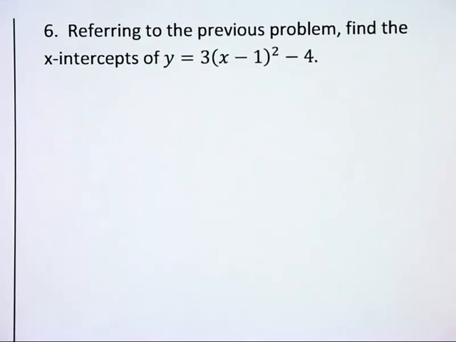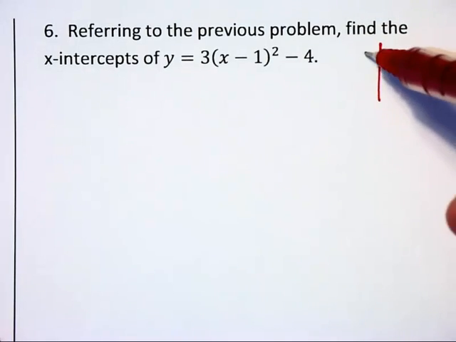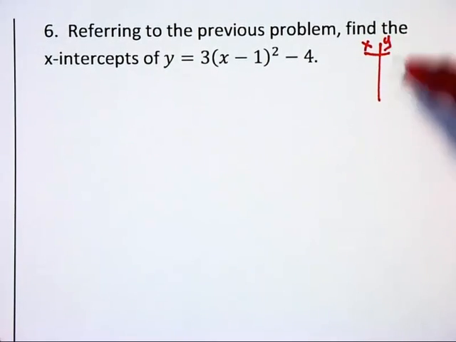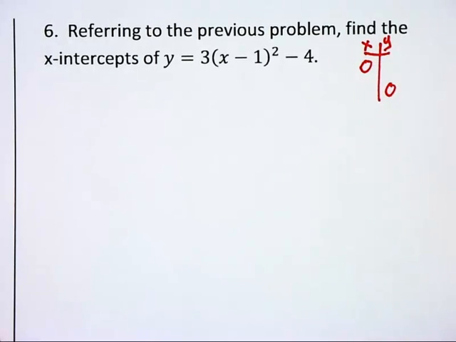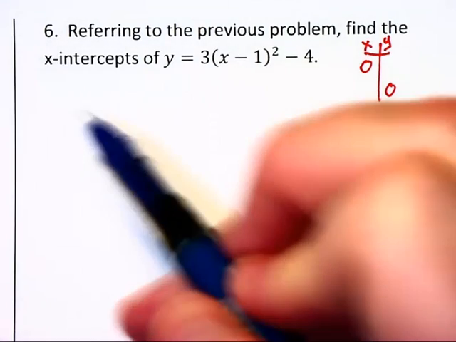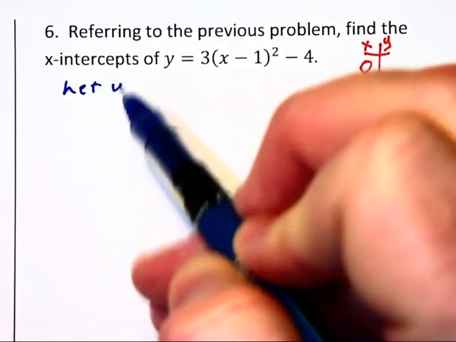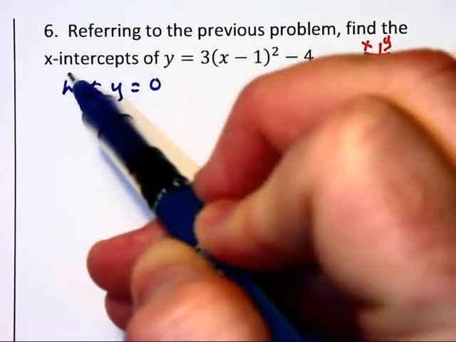Now, going back to the previous problem, they want us to find the x-intercepts. Well, you should know that whenever you want an x-intercept, you let y be 0, and anytime you want a y-intercept, you let x be 0. So we're going to apply that property here. Let's find the x-intercepts, and that basically says let y equal 0.